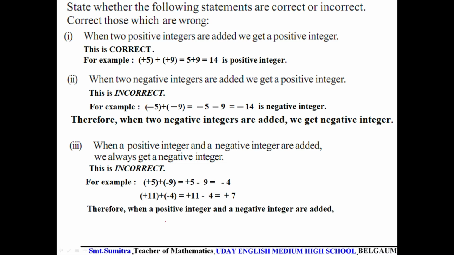Therefore, when a positive integer and a negative integer are added, we may get a positive or negative integer. It depends on the given integers. Please copy the notes by pausing the video, then continue. Hope you understood the statements.